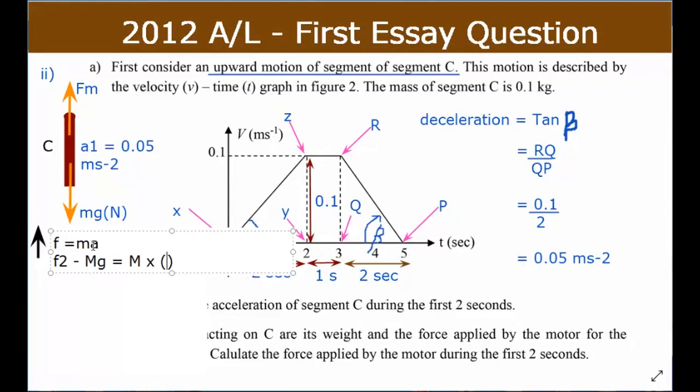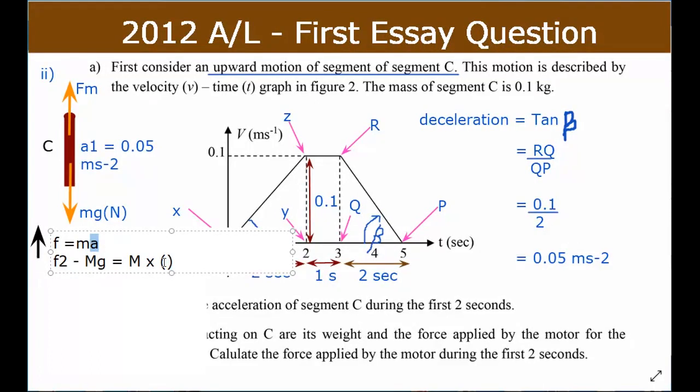But in the F equals MA equation, A means acceleration. So if we use the value of deceleration in the place of an acceleration, we should use a minus sign and write 0.05. Why is there a minus sign?